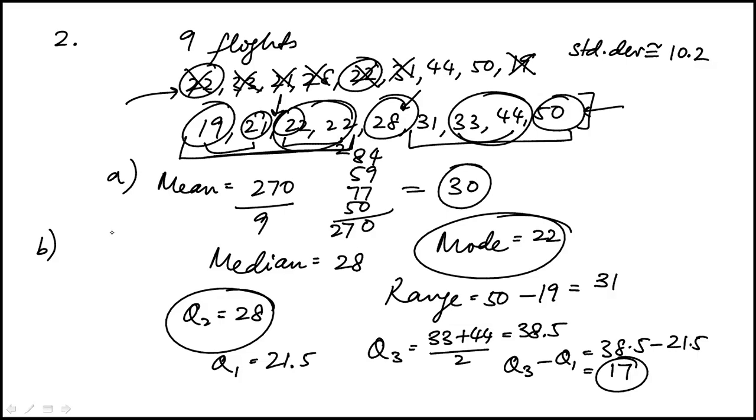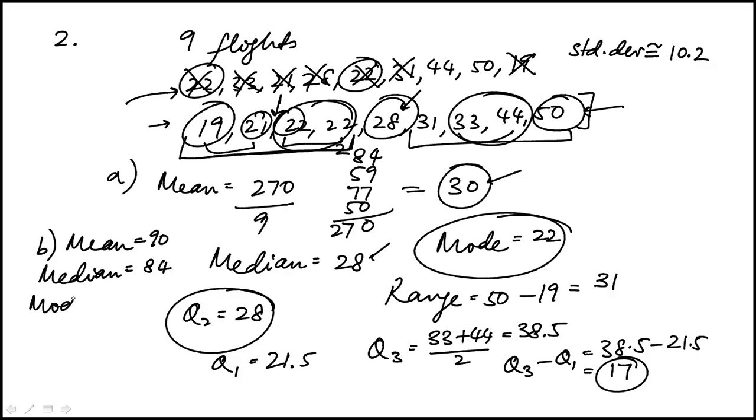So the new mean would just be 3 times that. So the new mean would be 90. And same thing for the median, because each number in the set is going to be tripled. So the new median is 3 times 28, which is 84.